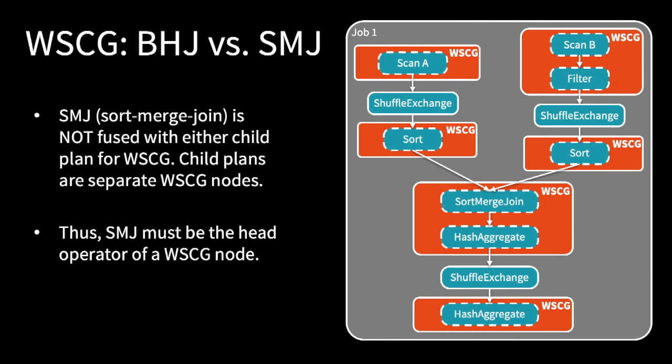As a result of this, the sort merge operator can only appear as the head operator in a whole stage codegen node. So it can only be the source operator in a pipeline. And that's also why you are seeing quite a lot of whole stage codegen nodes in this example.